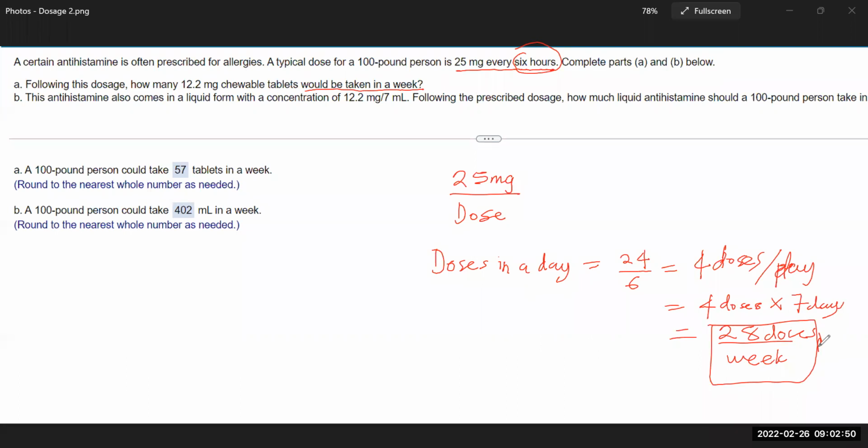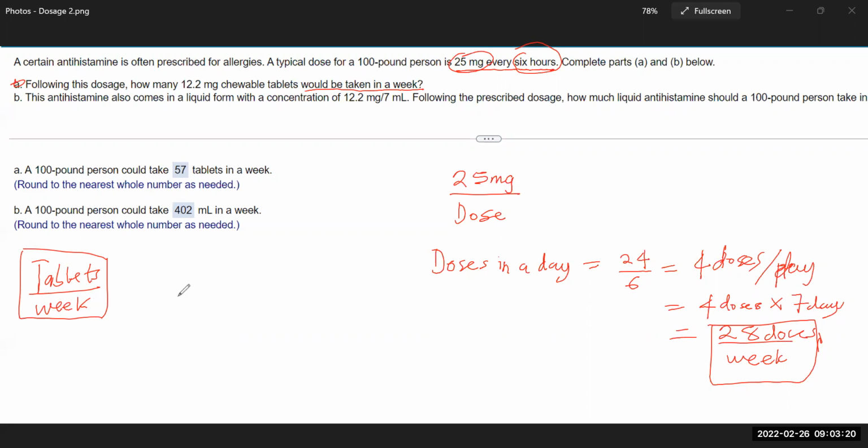Now let's come back to the first part of the question again, A. So this is requiring us to find tablets per week. So this is our goal, to find how many tablets can be taken per week. So that must be our final unit. So we are going to take the 25 milligrams as has been given.